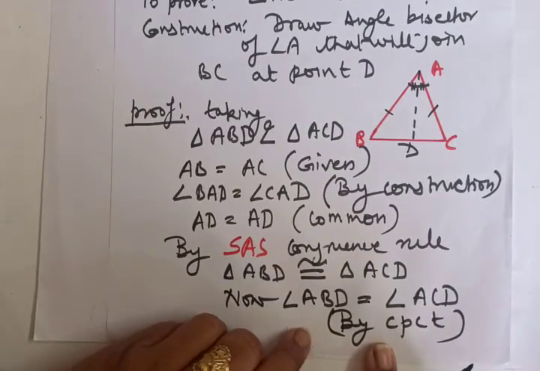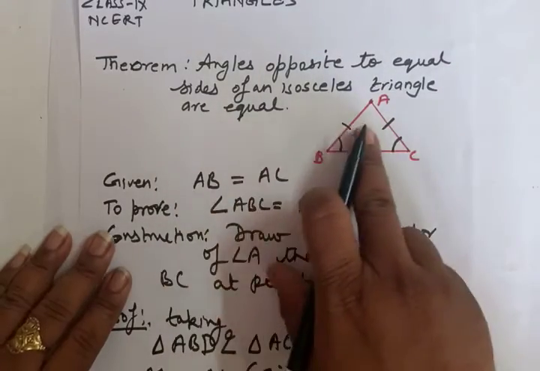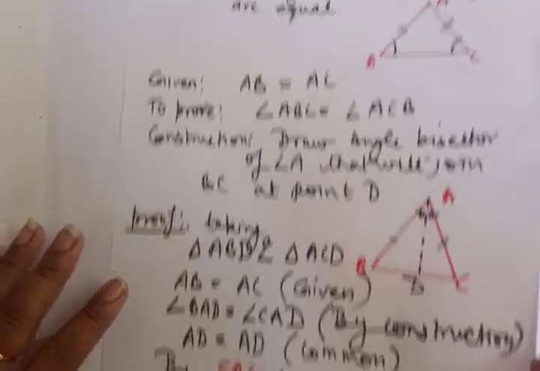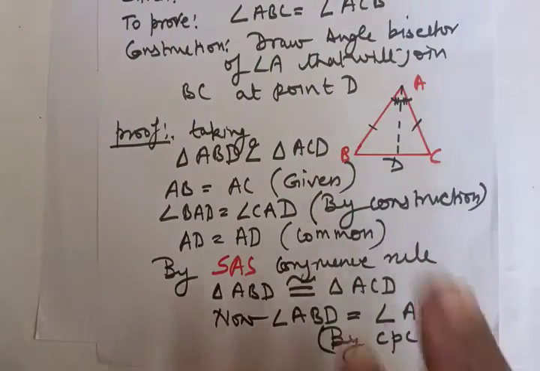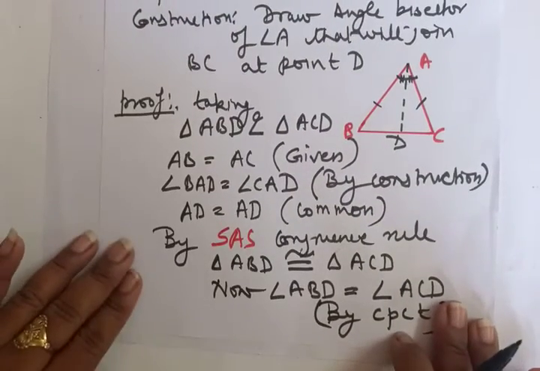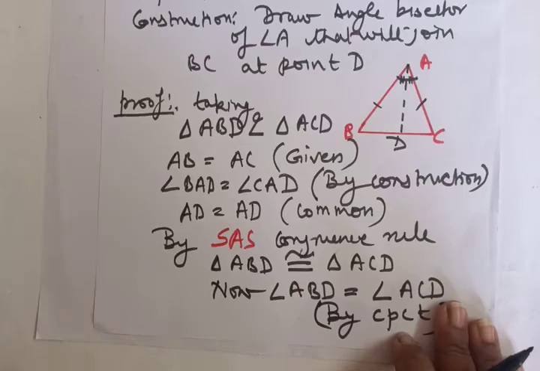So now we can say angles opposite to equal sides of an isosceles triangle are also equal. If an isosceles triangle is given and the two sides are equal, then their opposite angles are also equal. I hope it is clear to you. I hope you are able to prove this theorem.